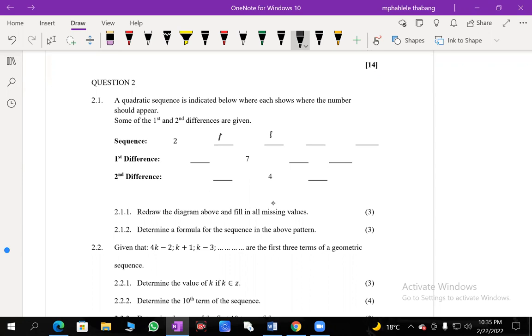Question 2.2.1. The value K, the value K, 1 over 3, 5. So R is a set of integers. So 1 over 3, 5 are they integers? 1 over 3 is not an integer.